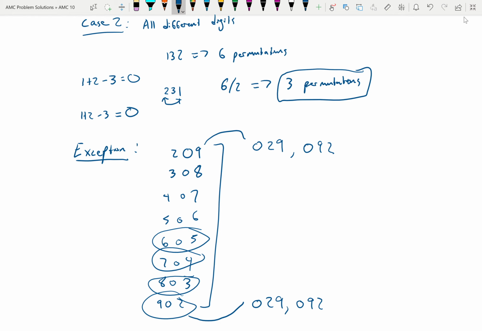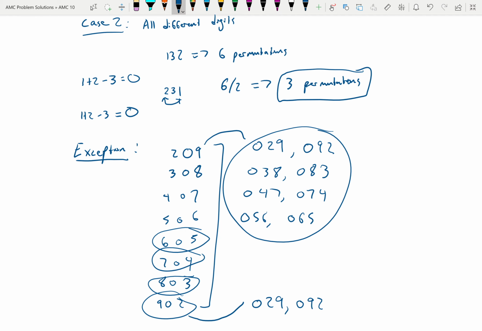So we're just going to take these 038, 083, 047, 074, and then 056, 065. So these are the permutations we're not going to count, and there are 8 of these.